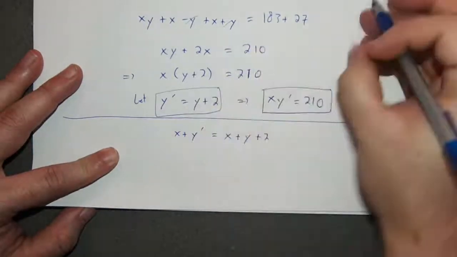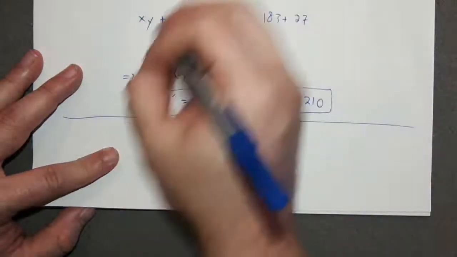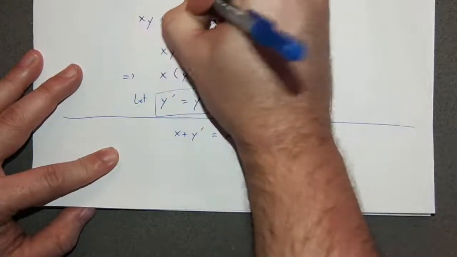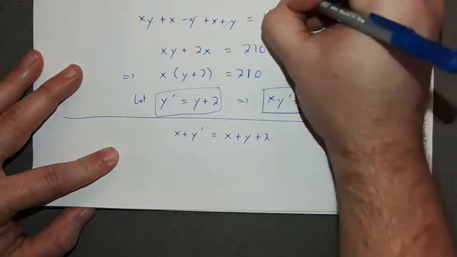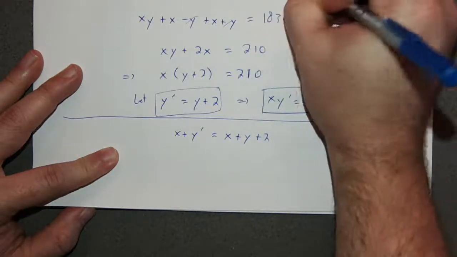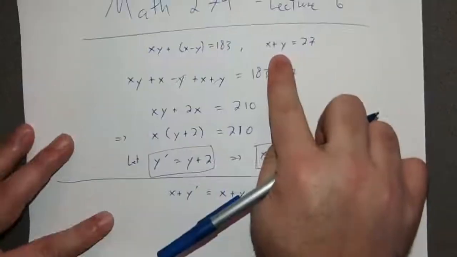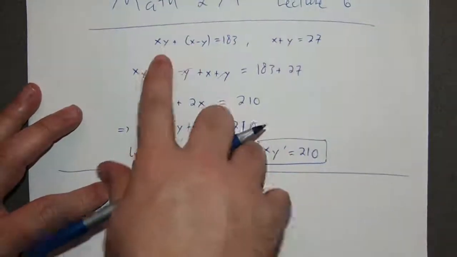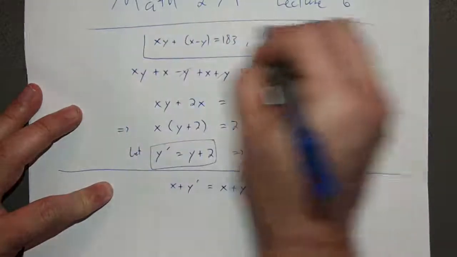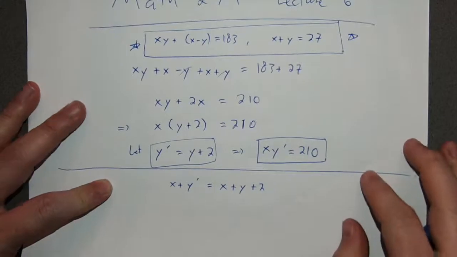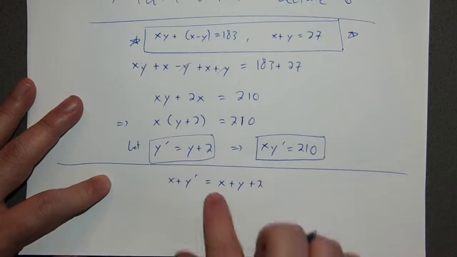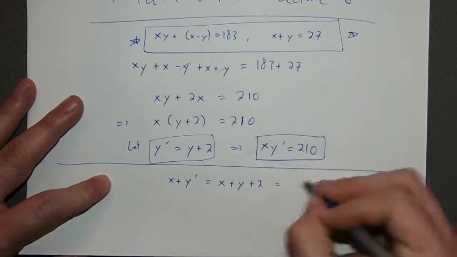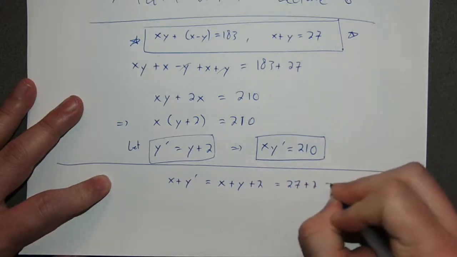And the two equations we started with were xy plus x minus y is equal to 183. And the second equation was x plus y is equal to 27. Oh, I'm off page. So here's my two equations I started with. These are the equations that I'm solving for x and y. This is my problem that's being solved here. x plus y is 27, so then x plus y prime, since y prime is y plus 2, this is x plus y plus 2, so this is 27 plus 2, which is 29.